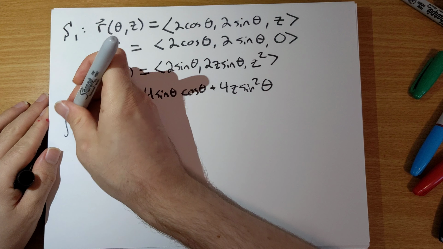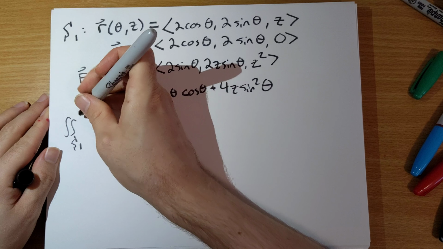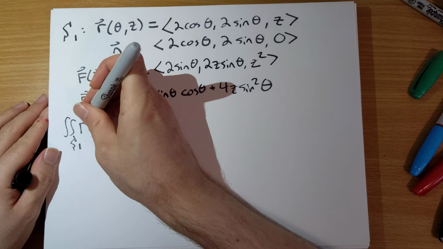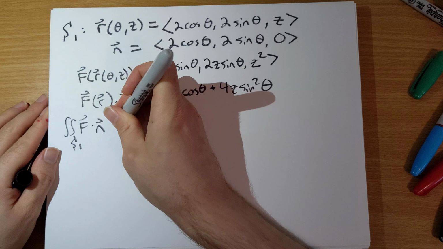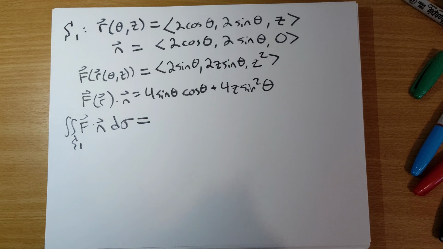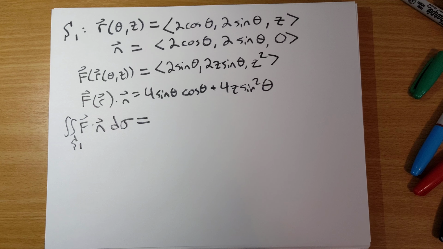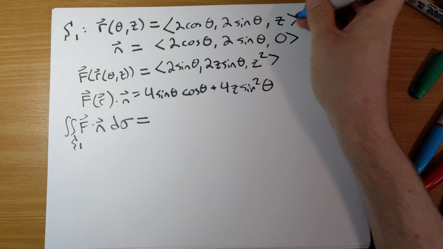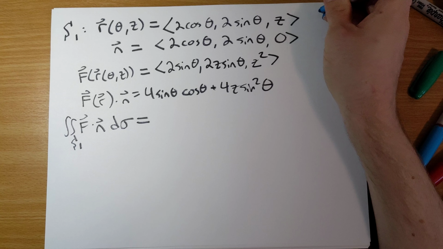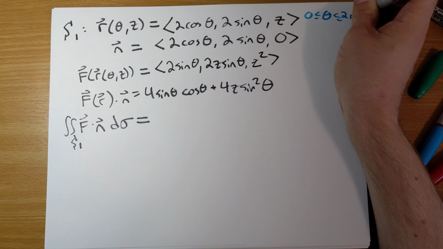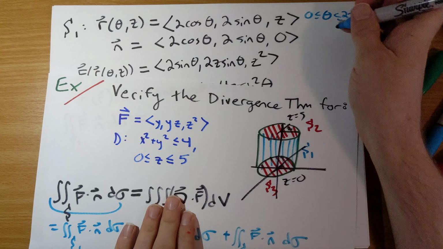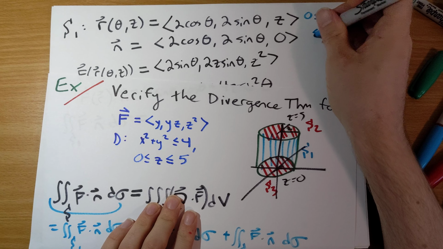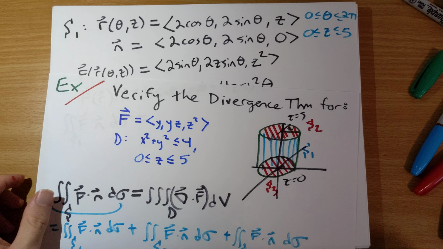So the double integral over S1 of F dot n d sigma, by the way, one thing I left out is that we didn't write down our bounds on theta and z. Of course, we're doing one full loop around, so theta runs from 0 to 2 pi. And from back here, we see z runs from 0 to 5.